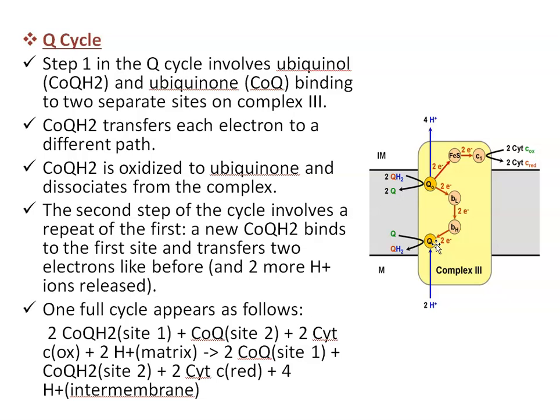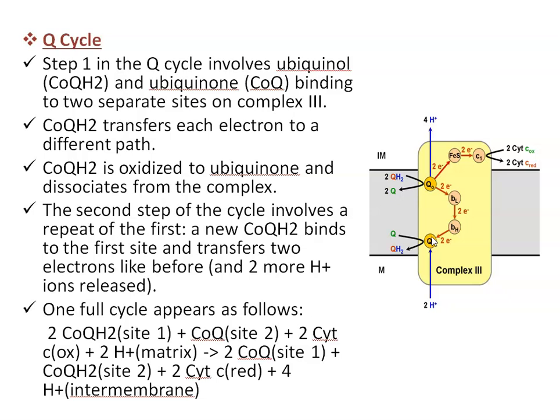So QH2 is now oxidized to quinone here, and it dissociates from the complex. Right now, Q bound at the second site enters the transitional CoQH radical state from accepting one of the electrons.